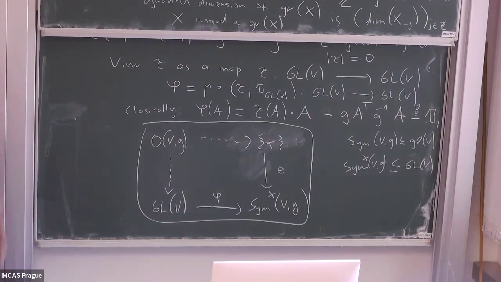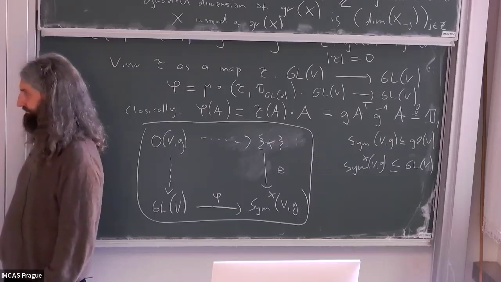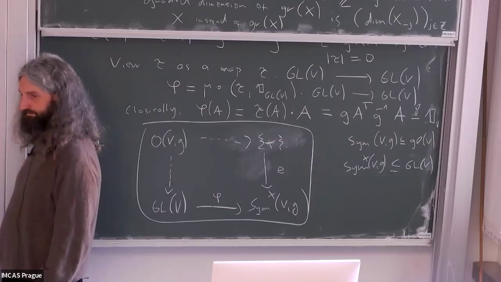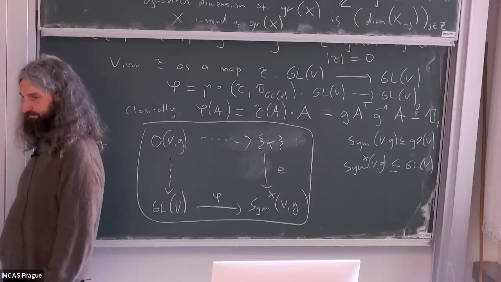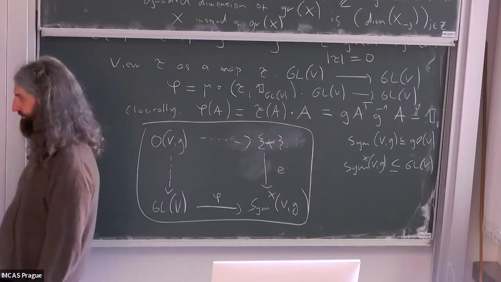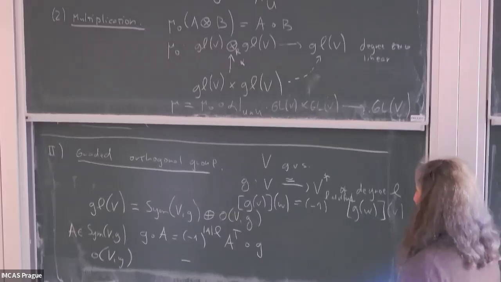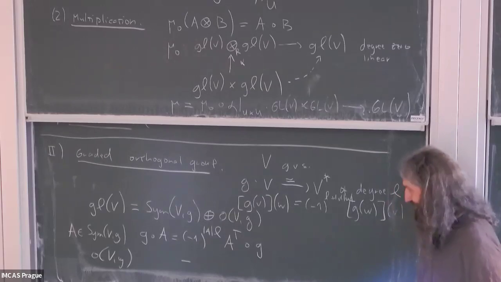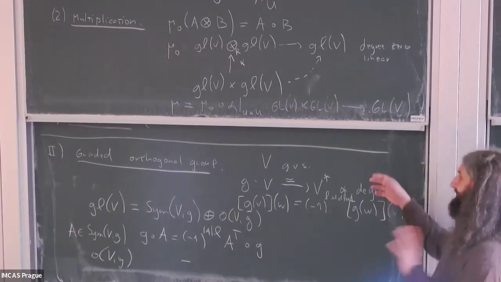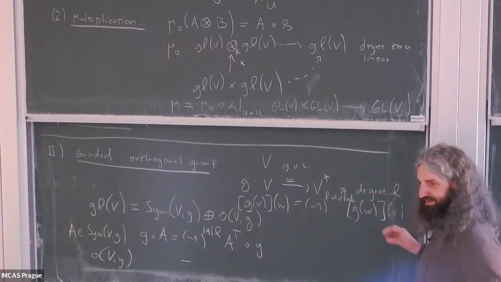Okay. So maybe just curiosity: you define these graded orthogonal groups for metrics of any degree, this little l. Are there any relations between these groups for different l? I think there is a procedure in the graded category called degree shifting, where you can take a graded vector space and shift the degrees.